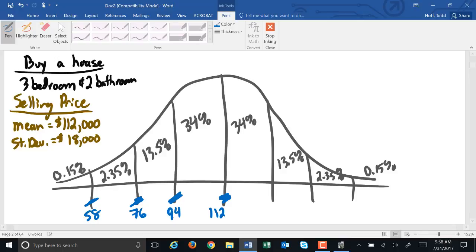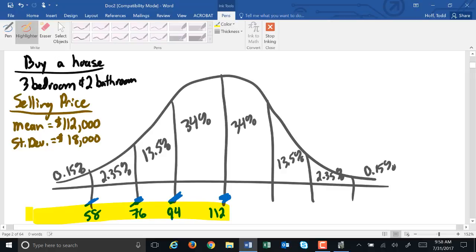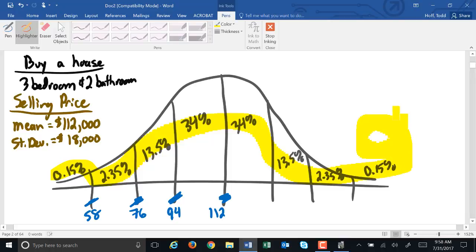Any questions, first of all, on where these numbers came from that we just put in there? Okay, next, any questions on where these percents came from so far? Those percents are just constant. That's the percents that are always in the curve.